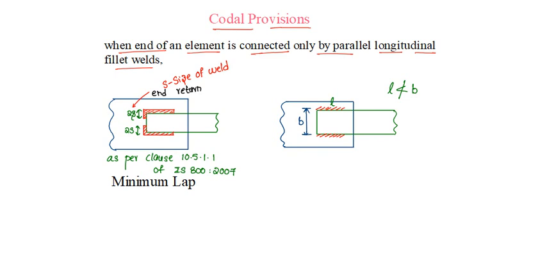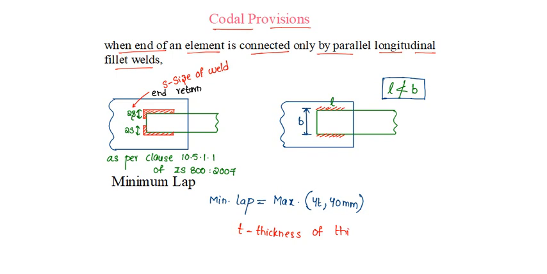The minimum lap is given as the maximum of 4T or 40 mm, where T is the thickness of the thinner connected plates. This is as per clause 10.5.1.2.